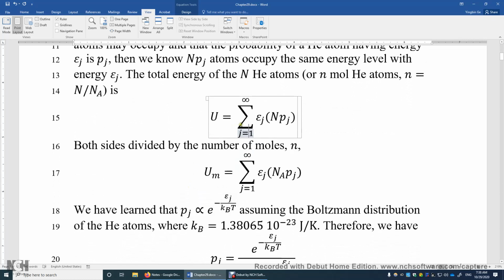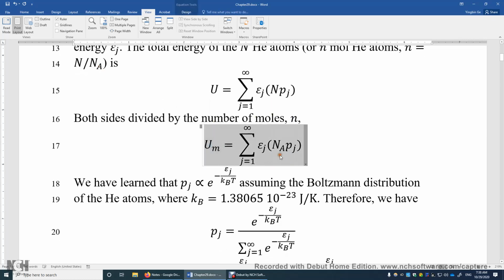We can divide both sides by the number of moles, lowercase n. Again, this lowercase n is equal to the total number of helium atoms divided by the Avogadro constant. Now we have a new equation. The molar internal energy is simply the sum of epsilon j times the Avogadro constant times the probability of finding a helium atom occupying the jth energy level with epsilon j energy.